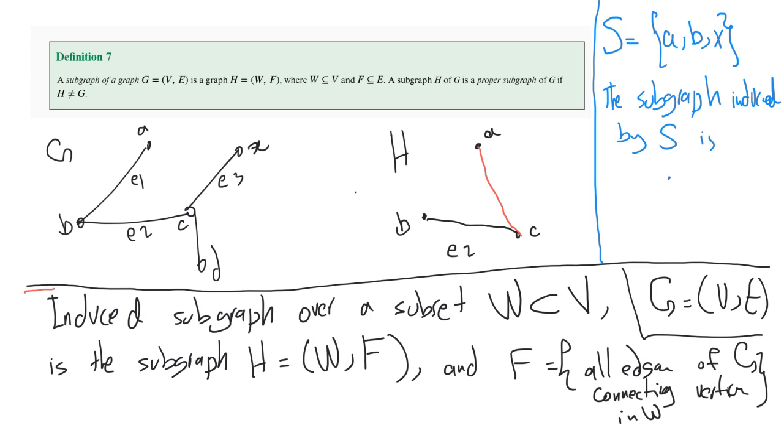Okay, we just have A, B, and X, and now we see which edges of G connect these vertices. We have only one edge that connects A and B, and that's called E1. And so there's no other edge that connects vertices of S to themselves. And so therefore this graph here is the subgraph induced by S in G.